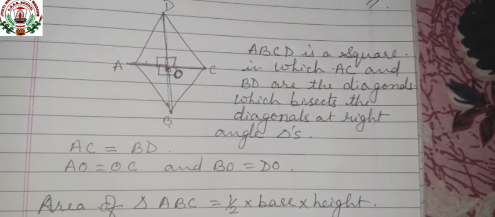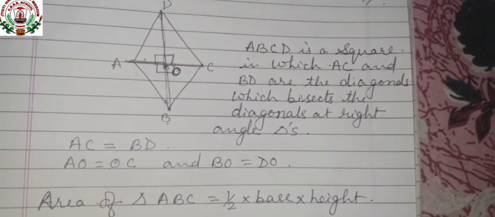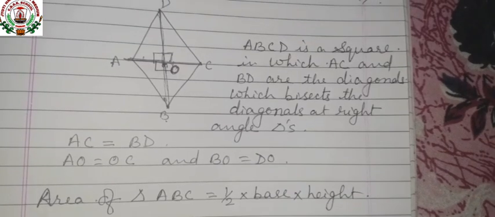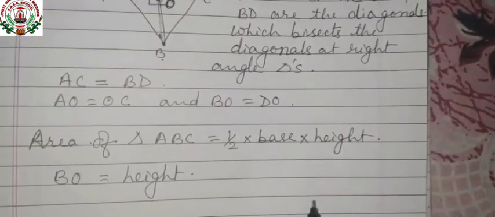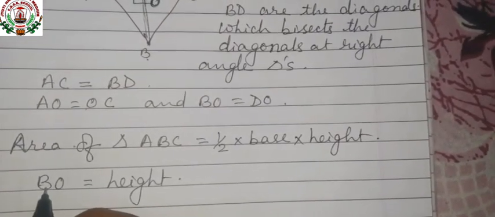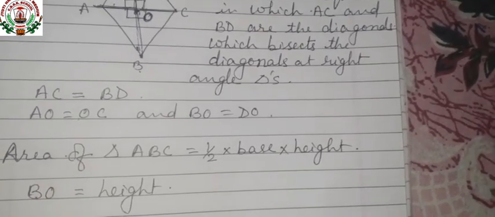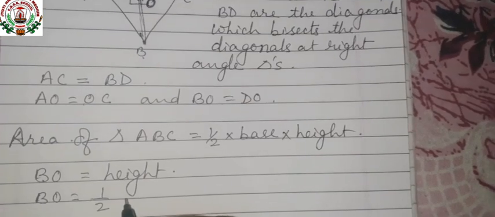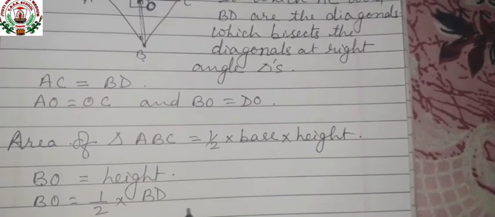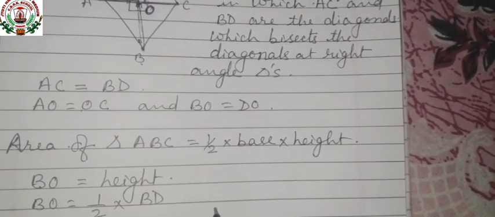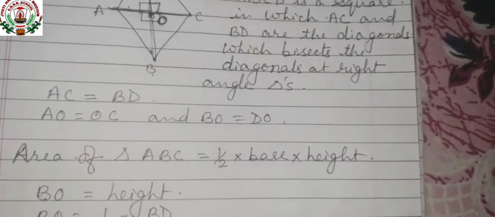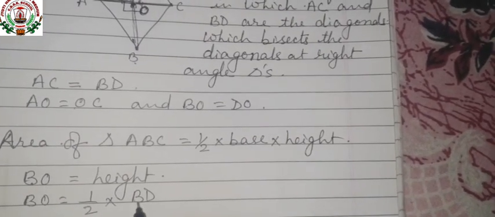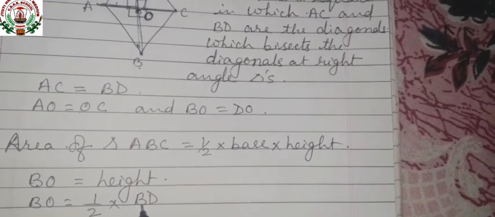BO equals to height, or height equals to BO. Now BO means what? Half of BD. BO equals to half of BD, right? Because diagonals bisect each other, so half of it. So now what is BD? According to the question, it is given 32 cm.